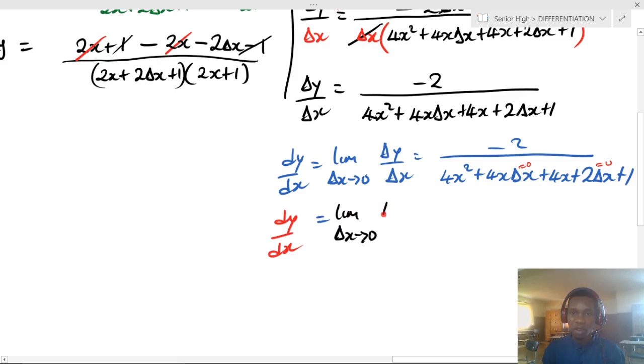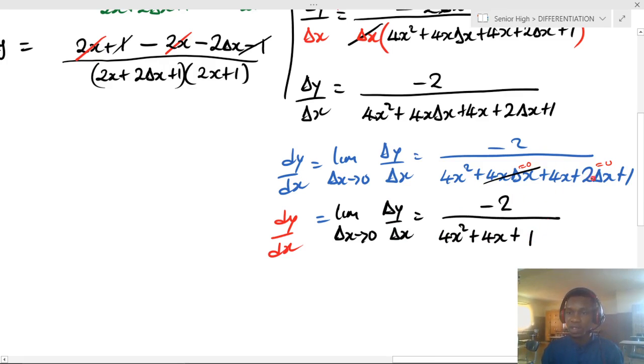So therefore we know that dy dx, which is equal to the limit as changing x tends to 0 of changing y over changing x, is equal to minus 2 over 4x squared plus 4x plus 1, because this one entirely goes out, this one entirely goes out. That's basically how we solve it.